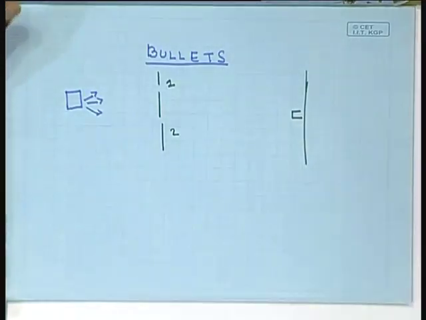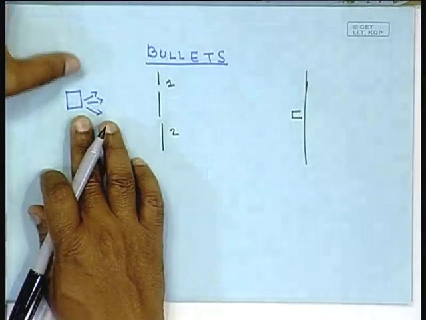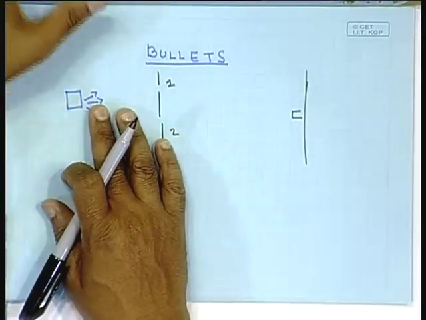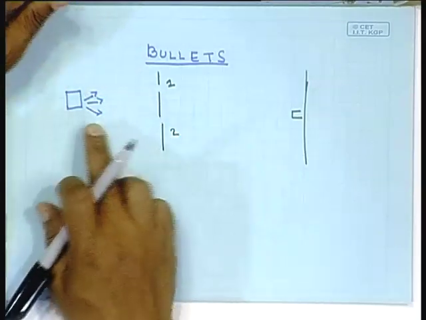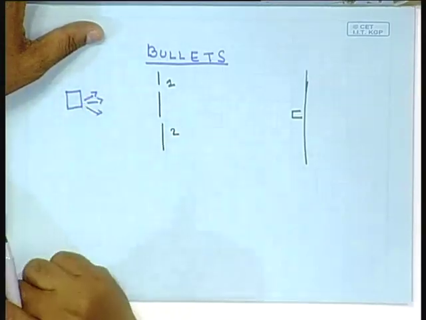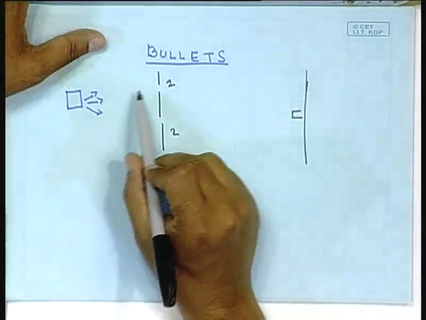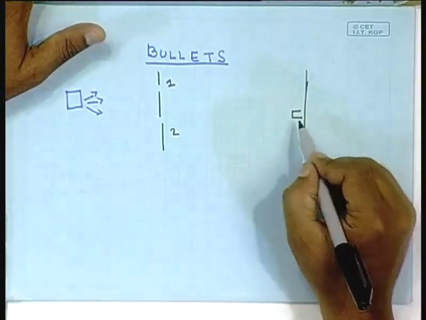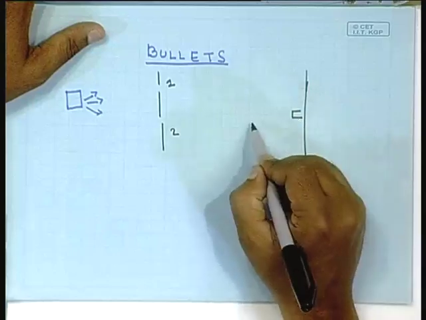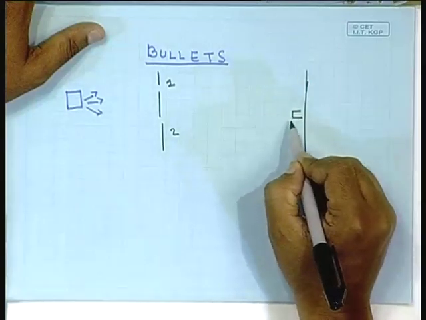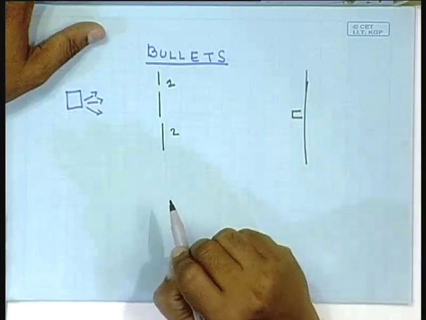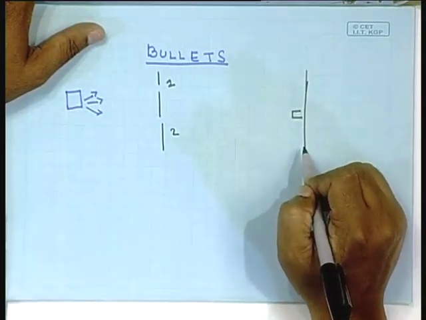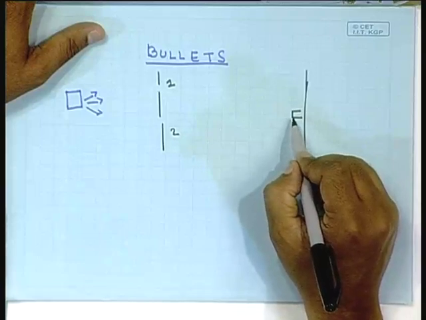Now, this device sends out bullets, and bullets are always sent out one by one, and the bullets go through the two slits and they finally arrive on the screen over here. We have the detector which gives you a record whenever a bullet comes and strikes it. So, you can move this around to different places and count the number of bullets which arrive at any given point.